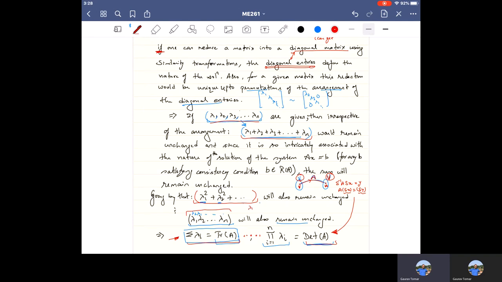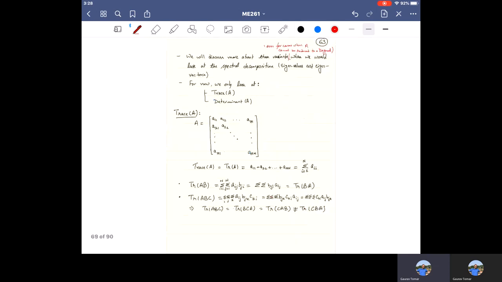Or having these kinds of products, lambda 1 into lambda 2, lambda 1 into lambda 3, and so on, if you take into account all combinations, then the order will again not matter, right? And all these quantities obtained this way will be invariants of the matrix or the mapping.